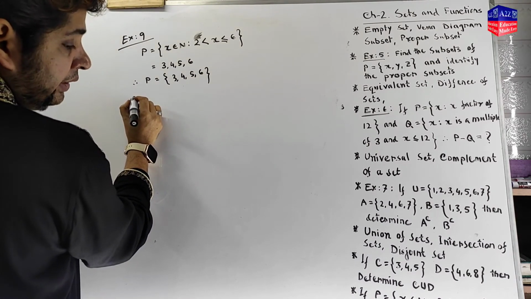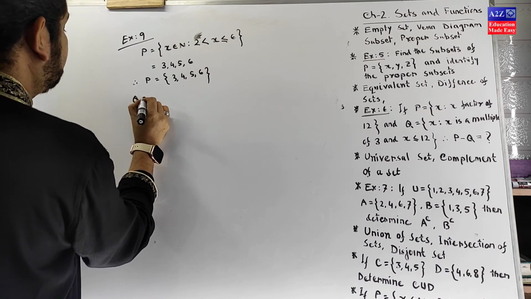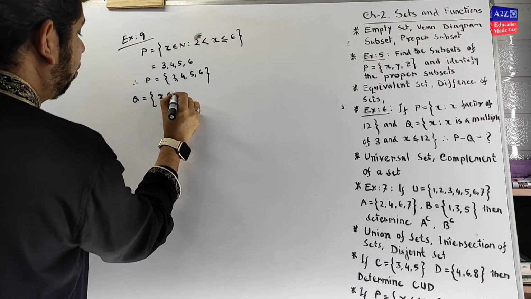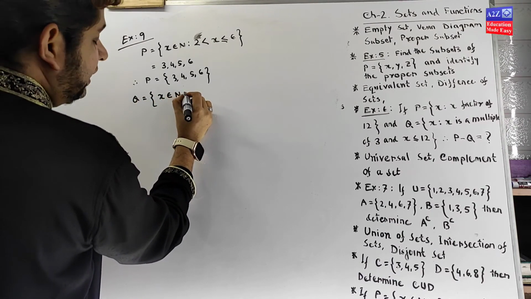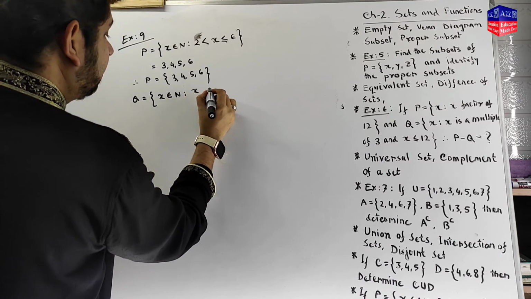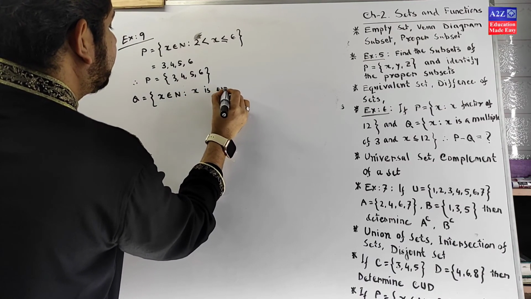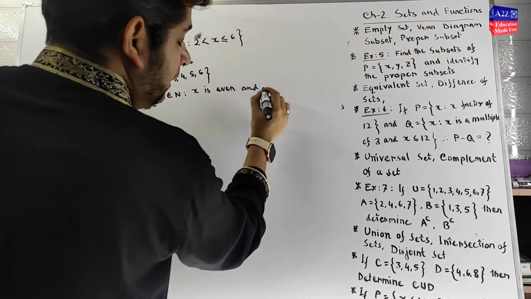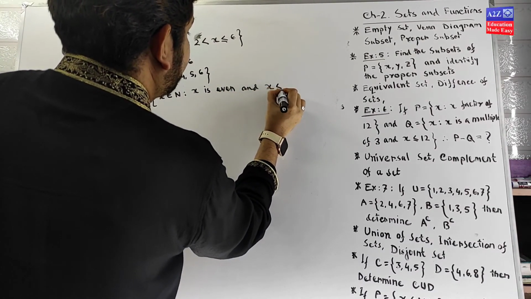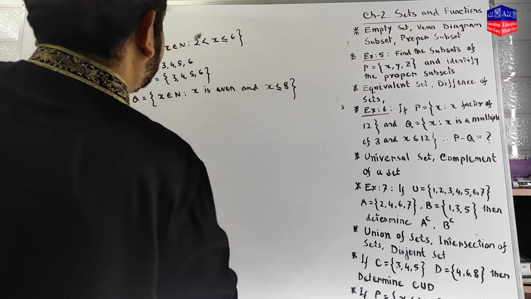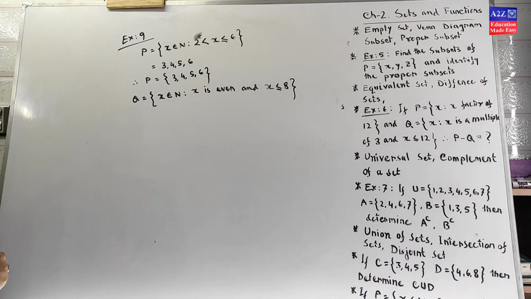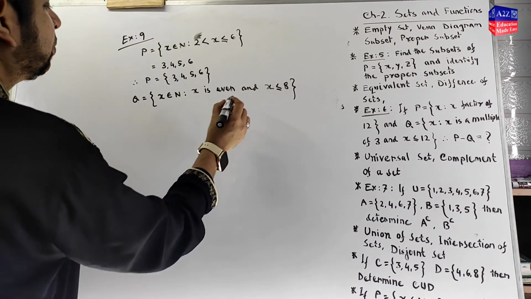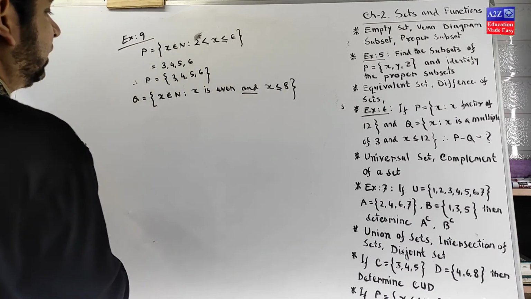And there is another set Q, where Q is a set of elements x belongs to all natural numbers such that x is even and x less than or equal to 8. There are two properties. You have to break down these two properties into details and combine them by using the AND condition.